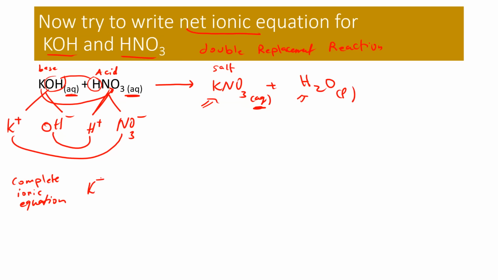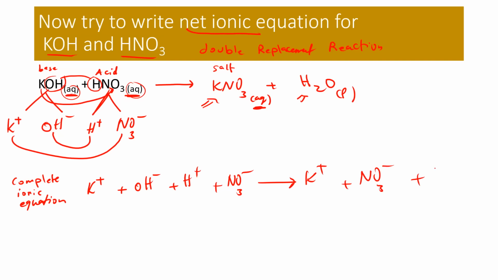So you write K plus OH minus plus H plus NO3 minus. Every compound with AQ we separated into a positive and a negative ion. Then you have the arrow. K plus NO3 minus plus H2O. This one we didn't separate because it's not AQ. So it happens for AQ only because it means it's dissolved.